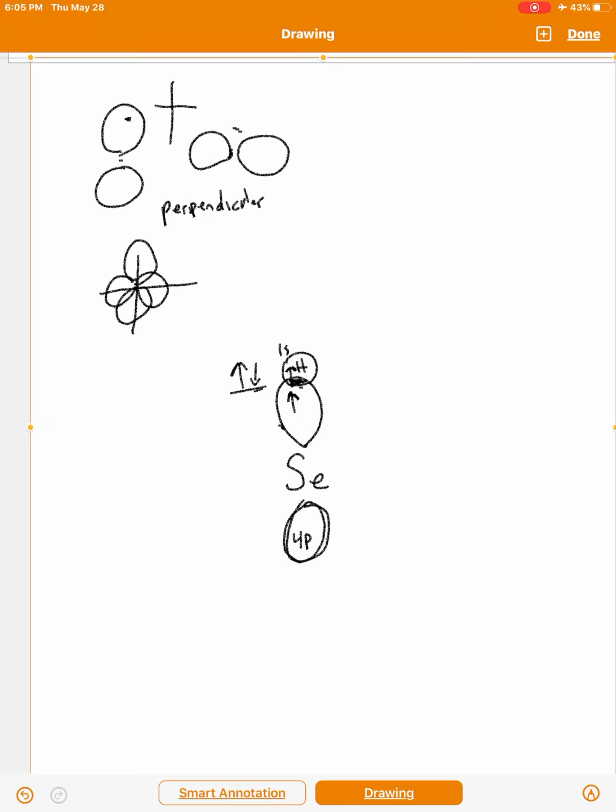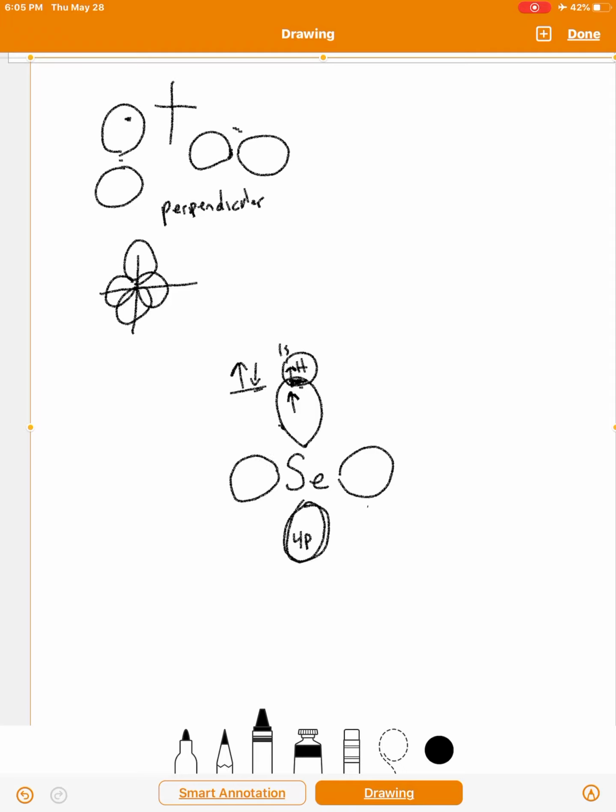But now there's another 4p orbital in the selenium. I drew that a little too big compared to the other one. It should be pretty much the same size as the first 4p that I drew. Okay, so here's your 4p. I'll write it over here. And then you get overlap with the 1s.